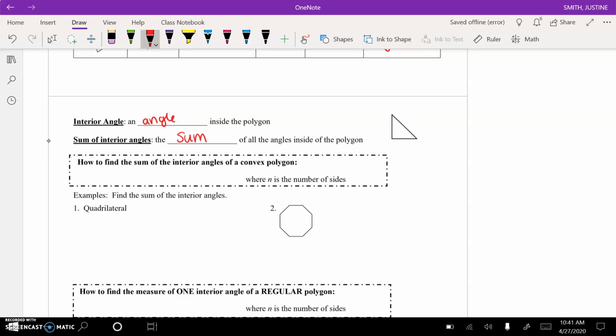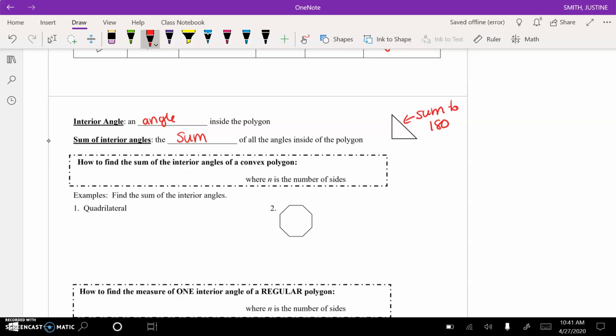So there is a formula that we're going to use here. If we look at this triangle up top, we know that all the angles inside of a triangle should sum to 180 degrees, because we just know that. But if we get to something like an octagon or a nonagon, we don't necessarily just know the sum.